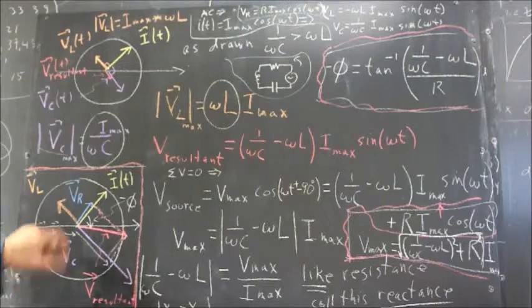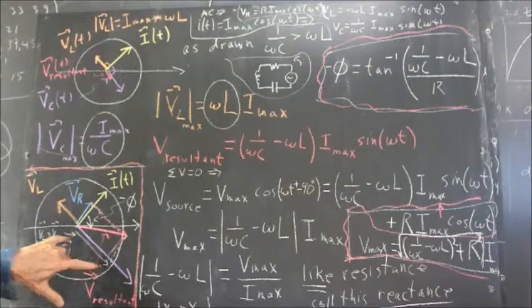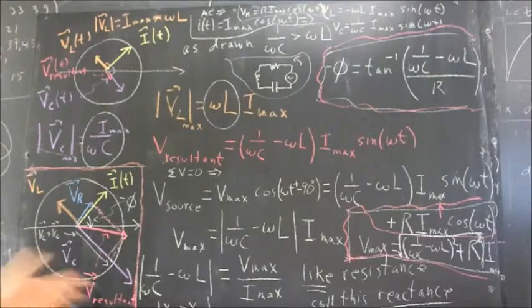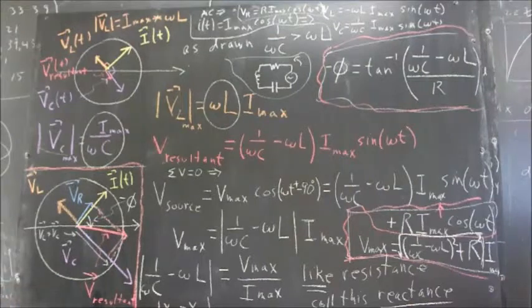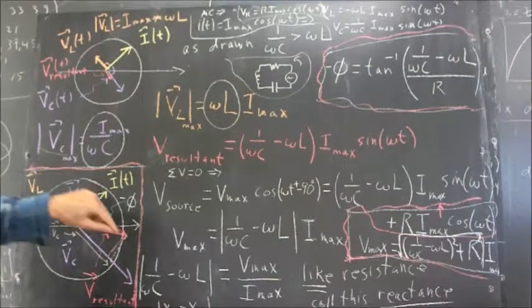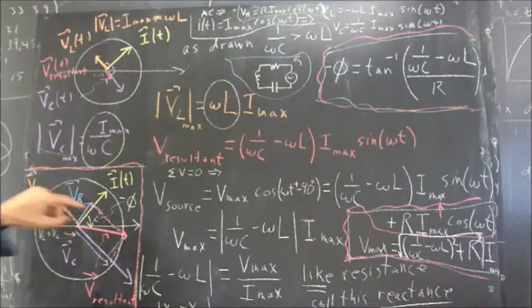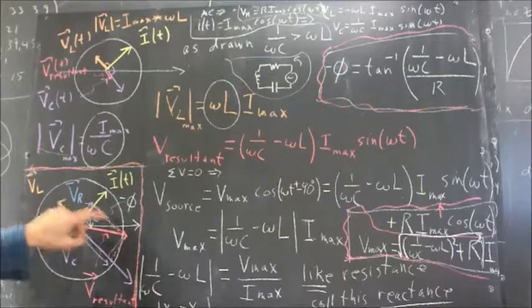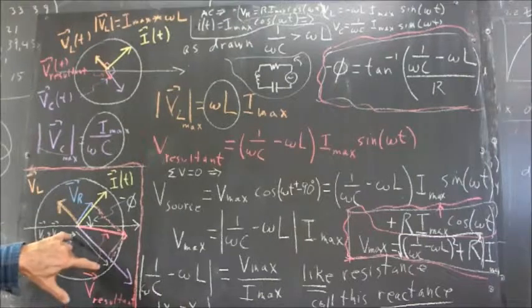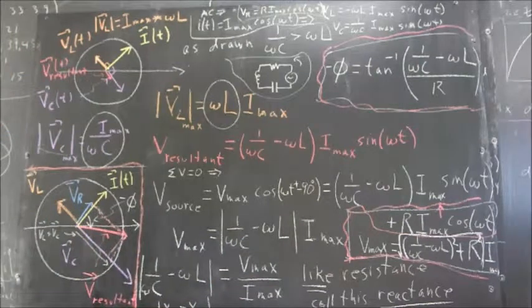This is the side opposite this angle. This side is adjacent to something, but not to this angle. So again, this side is your VL plus VC, which has this magnitude.